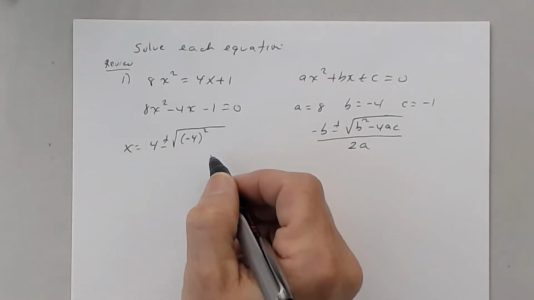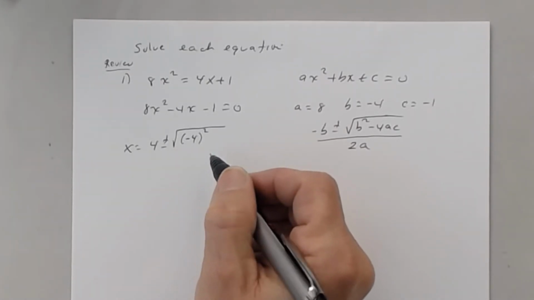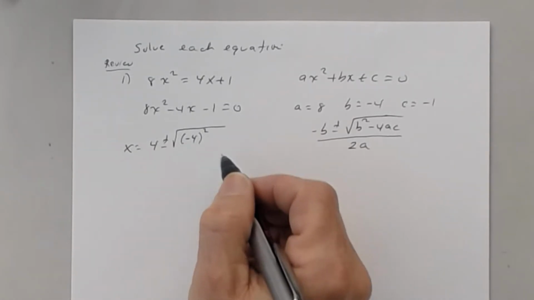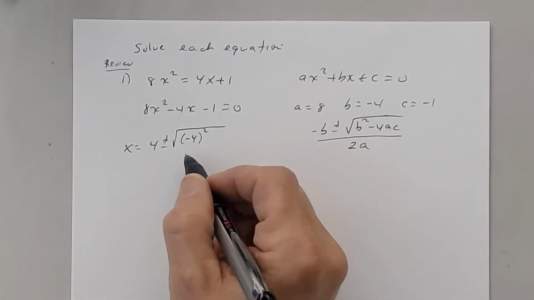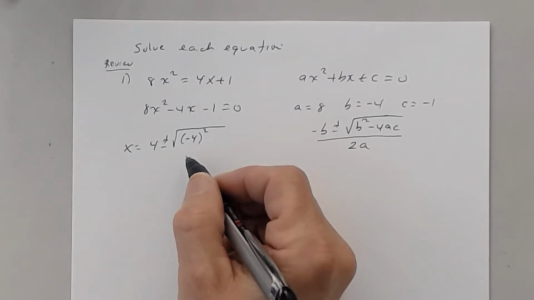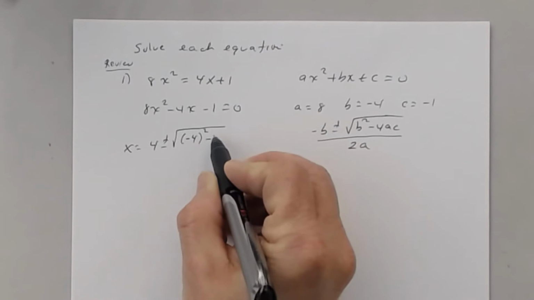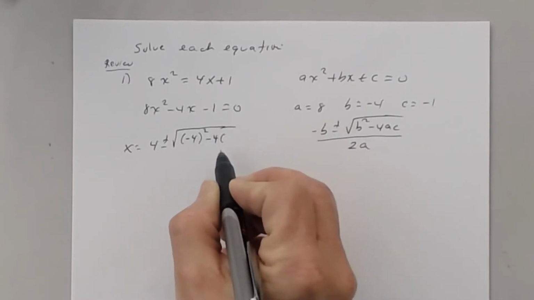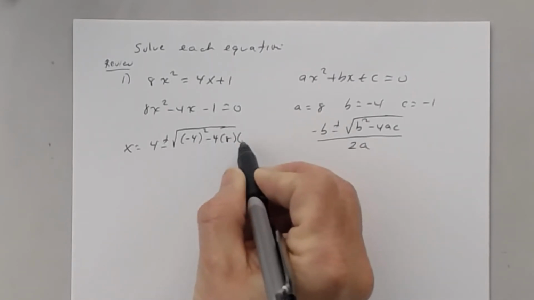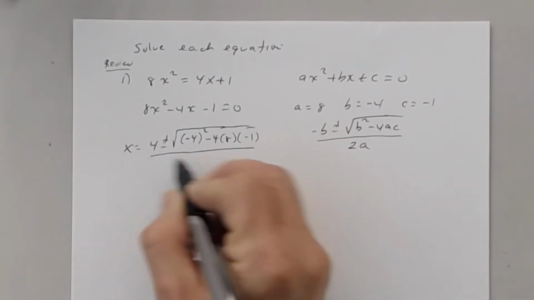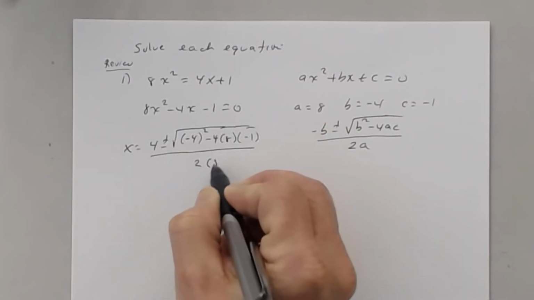So b squared is either positive or 0, never negative. Don't say this is negative 16. It's positive 16, minus 4 times a, which is 8, times c, which is negative 1, all divided by 2 times a, which is 8.